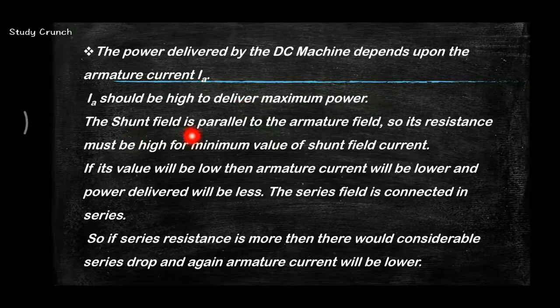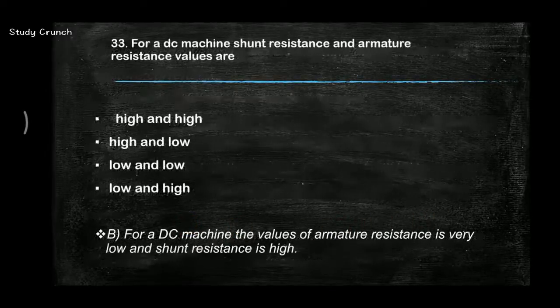So the shunt field is parallel to the armature and the resistance must be high for minimum value of shunt field current. If the series resistance is more, then there would be considerable series drop against the armature current, which will be low. So the answer is B, that is high shunt resistance and low armature resistance.